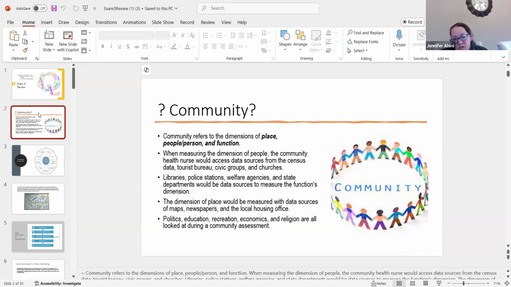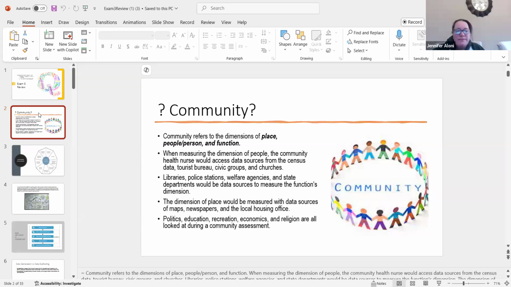So we know community is going to refer to people, place, person, function, right? Who's there, where are they, and what do they do as part of the community? When measuring our dimensions, we're going to make sure that we assess different data sources, such as tourist bureaus and civic groups.